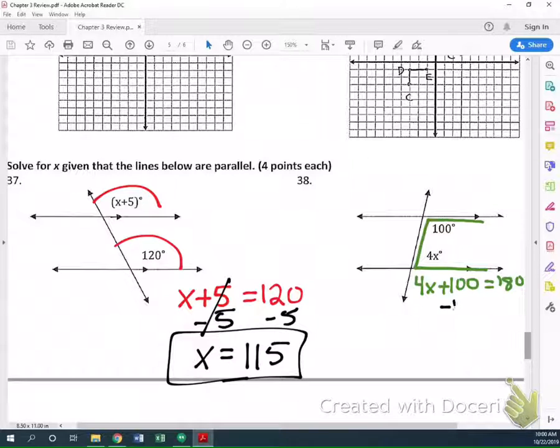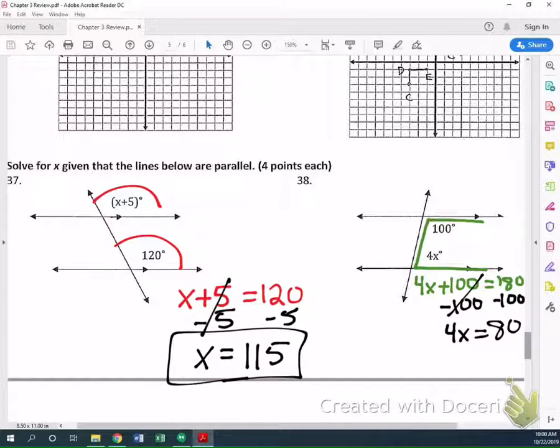Subtract what? 100. Good. So I'm left with 4x equals 80. Then what?